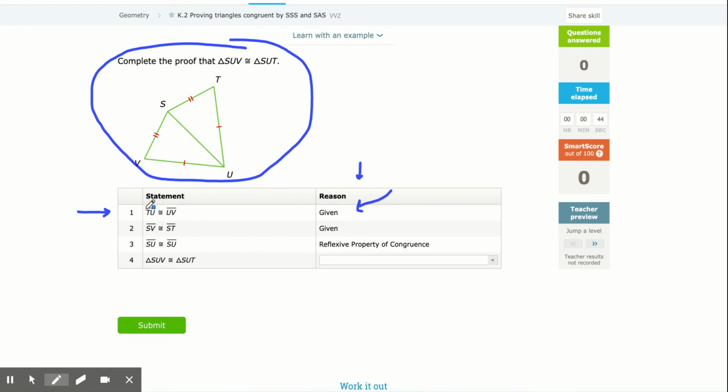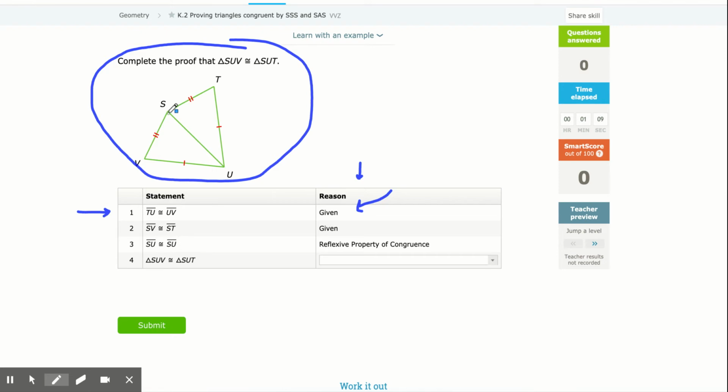For instance, right off the bat, we know TU is congruent to UV. TU right here is congruent to UV because of the little tick marks. It's given. Same thing with SV being congruent to ST. It's given. Now, this is that one property that I hopefully mentioned, the reflexive property of congruency.